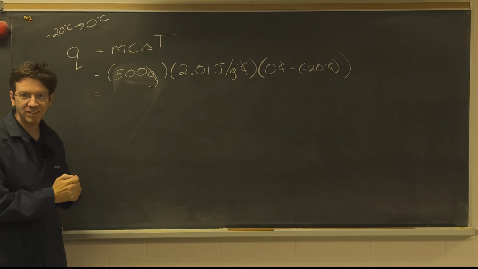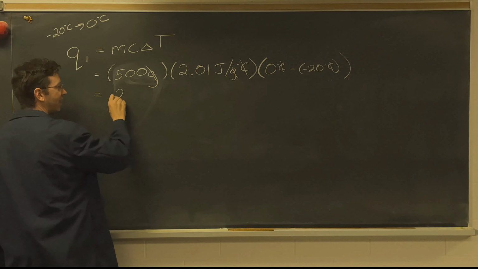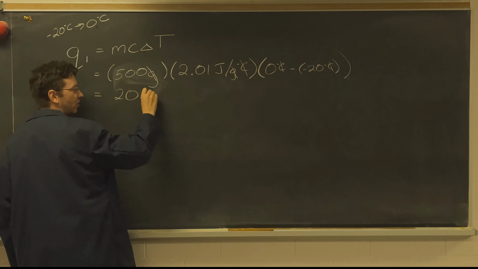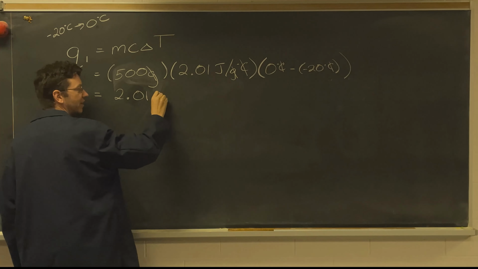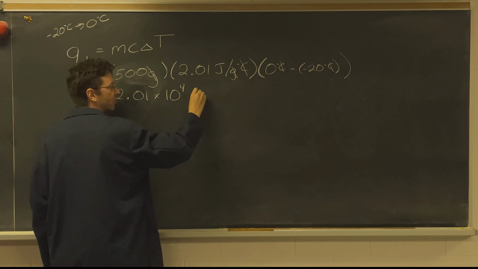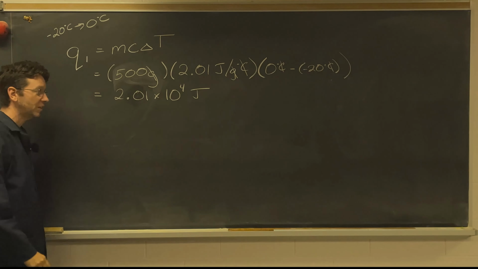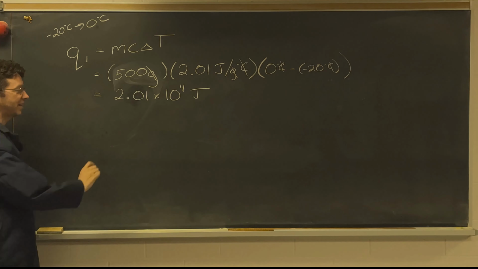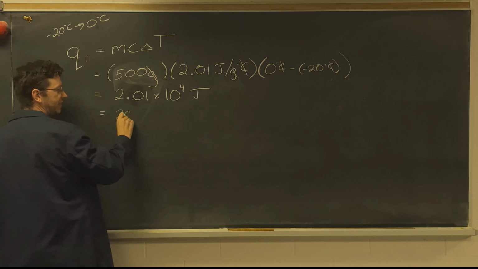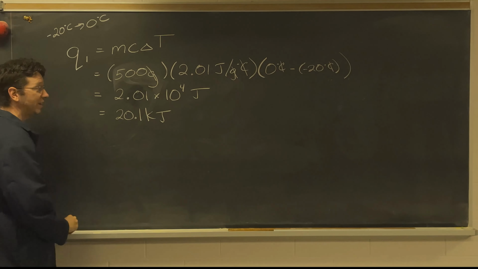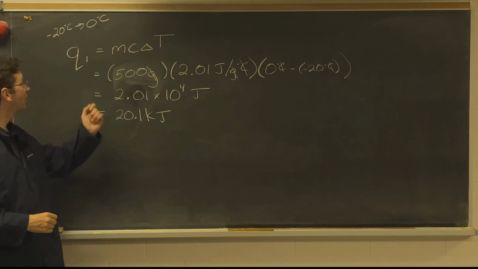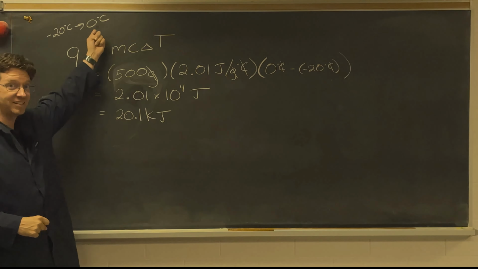When we plug that into our calculator, we get around 20,100 joules, or 2.01 times 10 to the 4 joules. If you like, you can divide that by 1,000 and get 20.1 kilojoules. All right, so that's how much energy it takes to go from minus 20 degrees to 0.